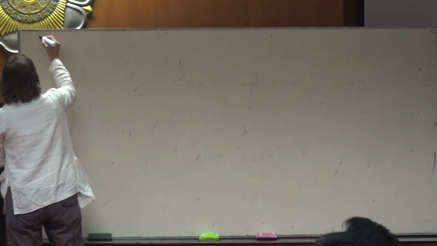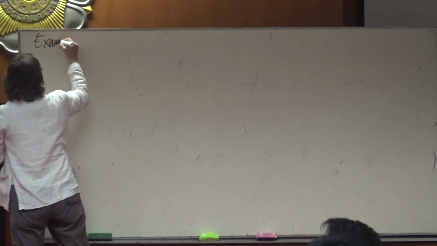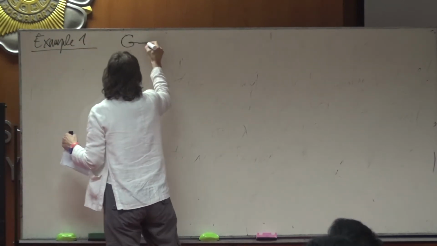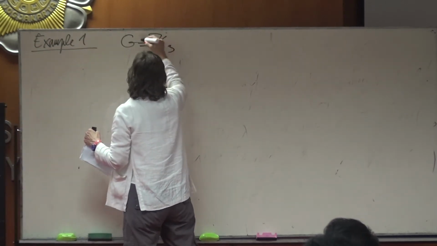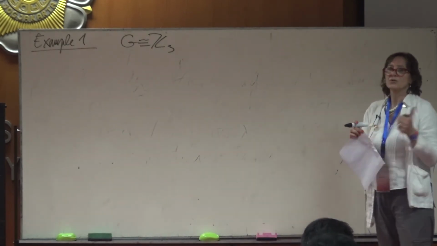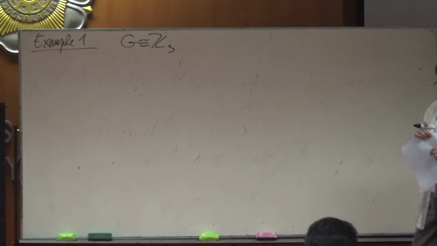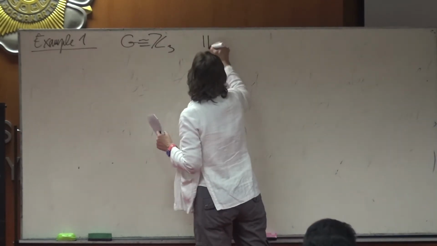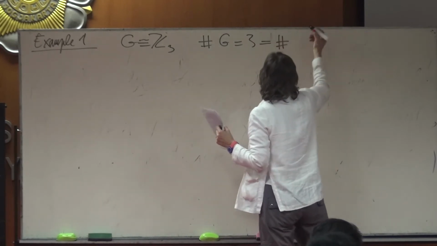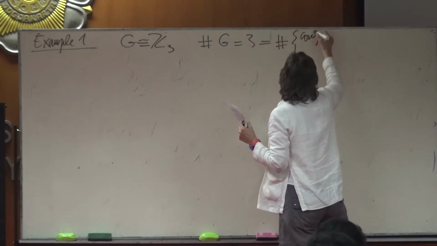So it's abelian, it's cyclic. The cardinality of G is 3, which is exactly equal to the number of conjugacy classes.